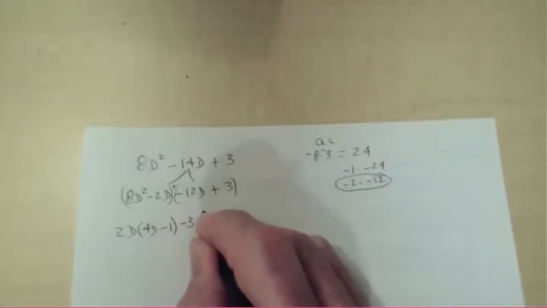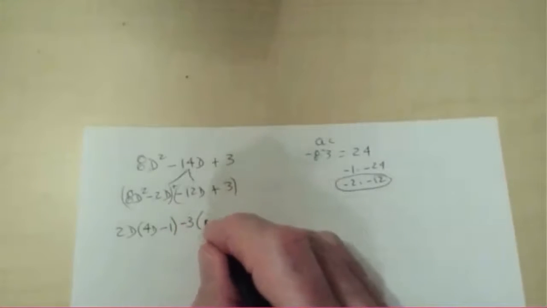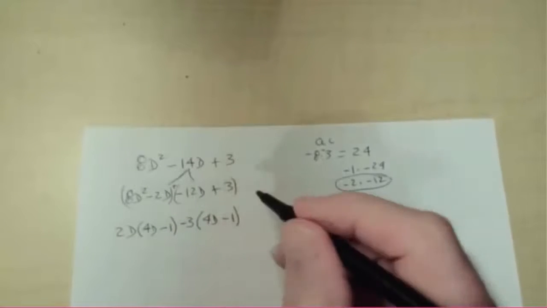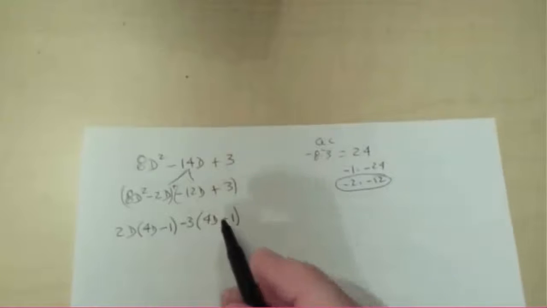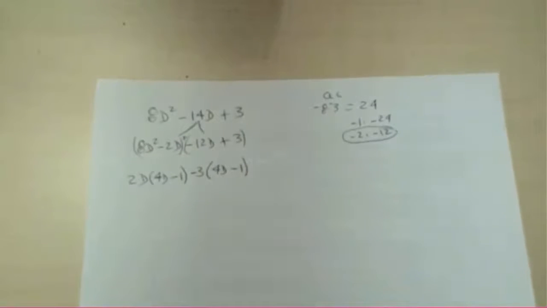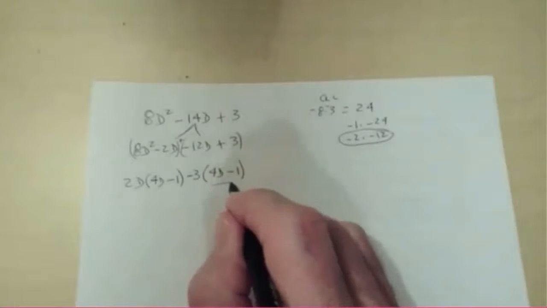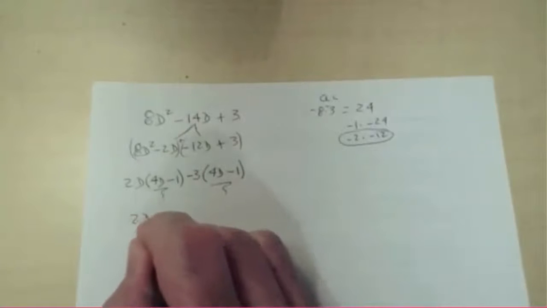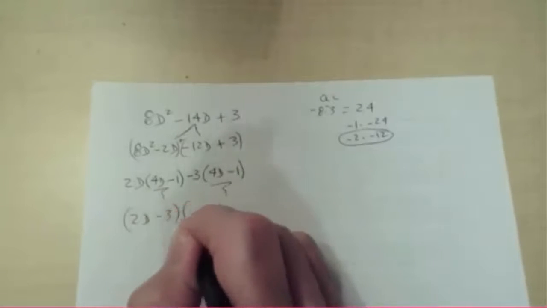Open 4d minus 1. Okay, you have to kind of think ahead a little bit here to make sure that these two terms are going to come out the same. So we have 2d minus 3 times 4d minus 1.